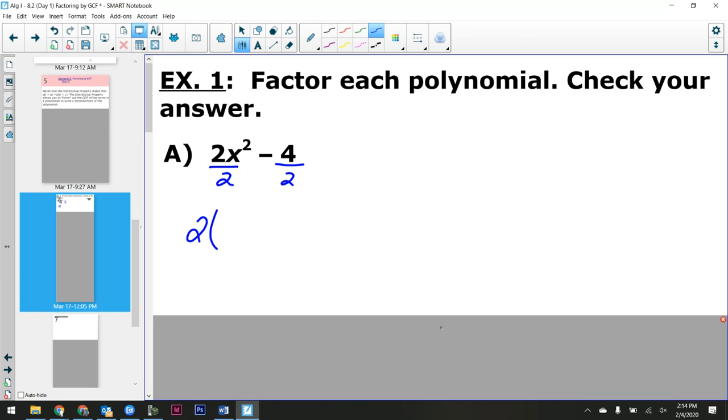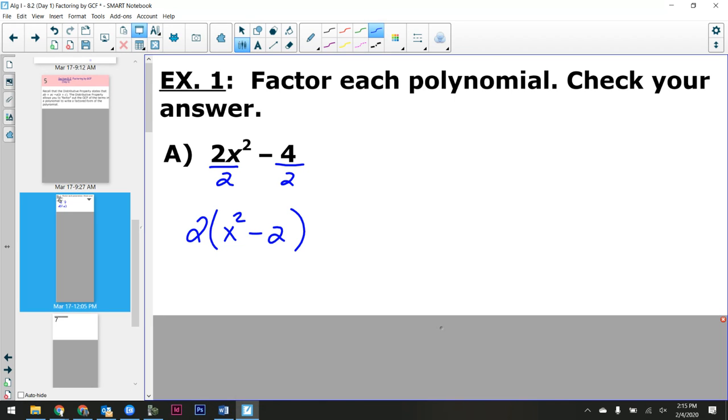So what do we get when we remove the 2 out of 2x squared? Just x squared. What are we going to get when we remove 2 out of 4? 2, dividing it out. Now, how do I know that this is fully factored? Well, do the things inside the parentheses have any more common factors?